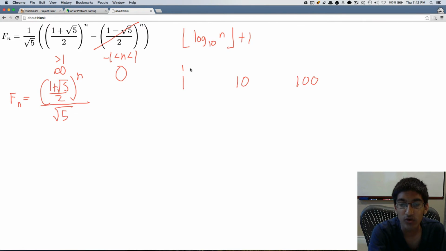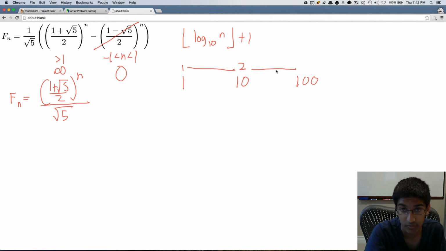Since we're flooring this, we know that this 1 is going to be the same until we reach 10. When n reaches 10, the floor of log base 10 of n is going to jump to 1, and 1 plus 1 will be 2. And this 2 will continue till we get to 100.